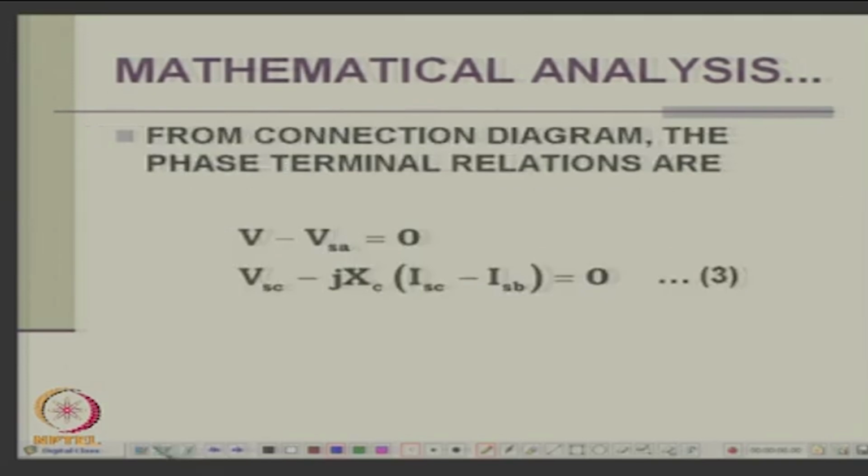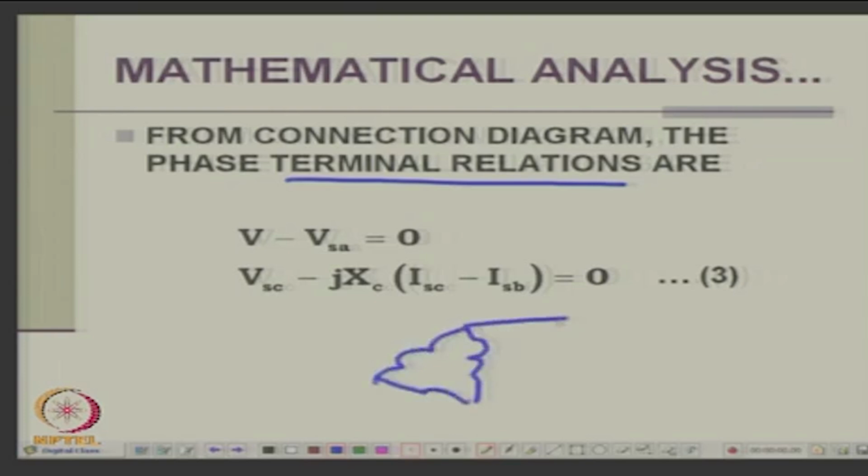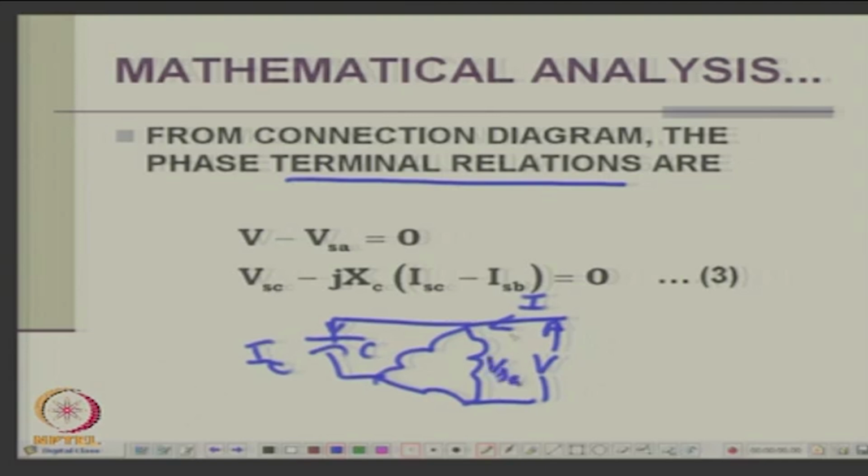Now, in this connection what are the terminal relations? You have got the V here and I here, this is I capacitor, right. So, this is VSA, one terminal constraint V minus VSA is 0, is not it, this loop.